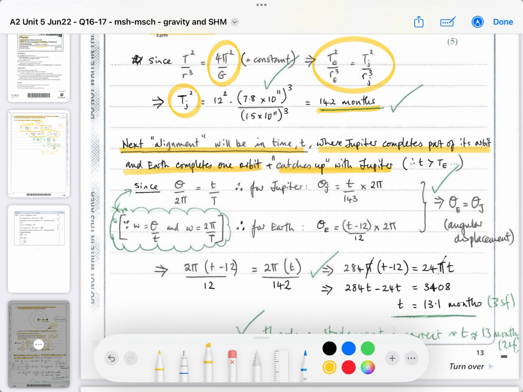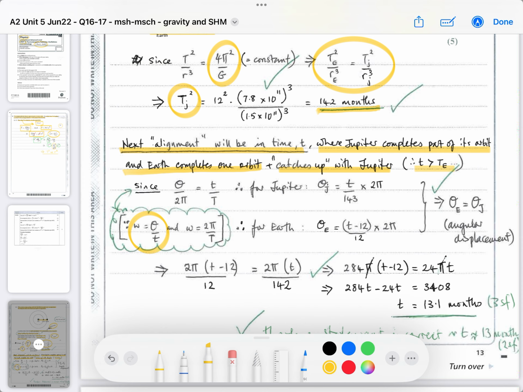So the total time is greater than the time period for the Earth. Obviously, it's going to be more than 12 months, because if it's only 12 months, Jupiter has moved from where it is now, so it's going to be 12 months plus t.